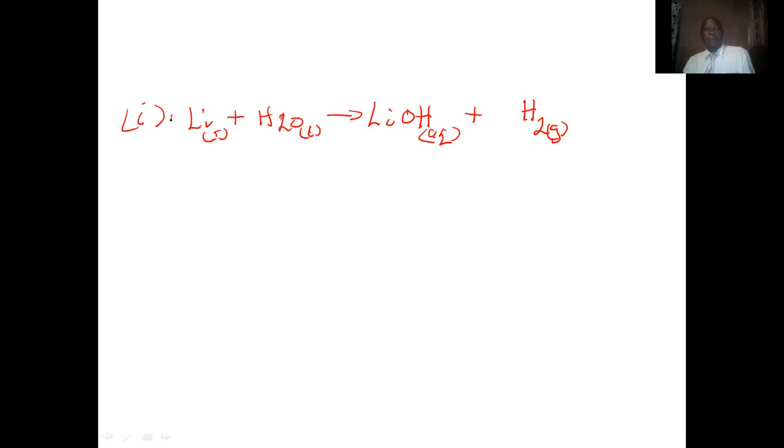We can balance this equation the way we did the other one. But this reaction would be slow.